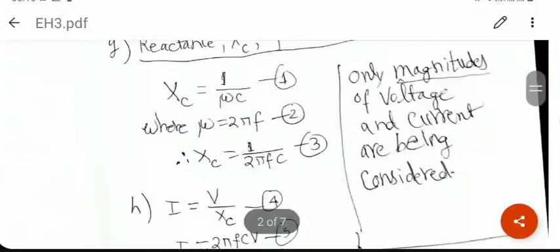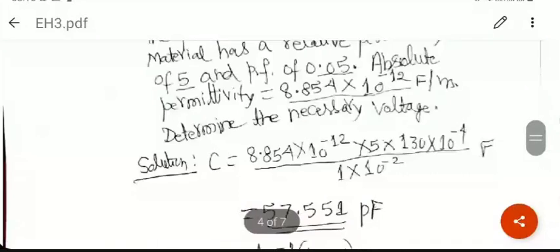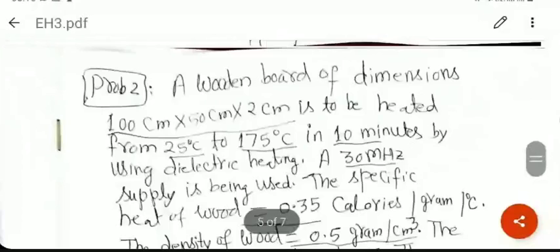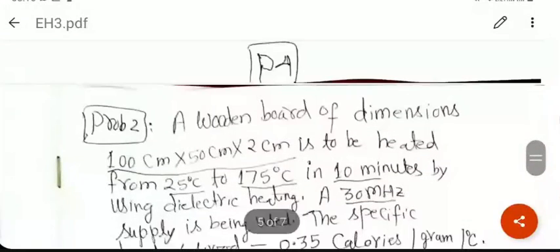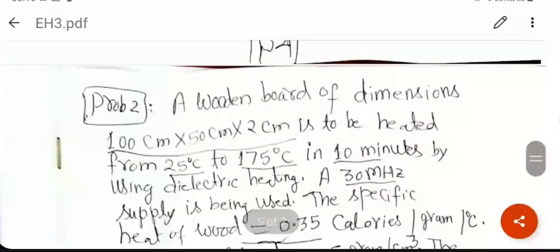Now, second problem is even more interesting. Here they're saying a wooden board, clearly. A wooden board of dimensions 100 centimeter multiplied by 50 centimeter, that is the cross section. It's a rectangular board, and 2 centimeter is the thickness.